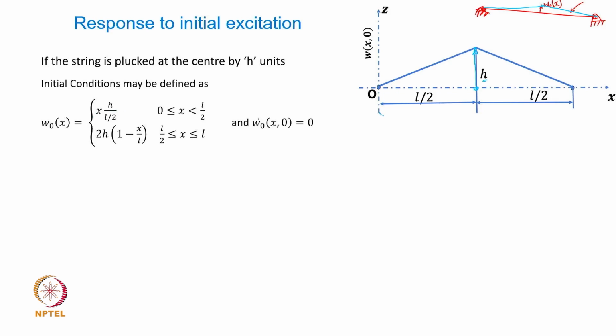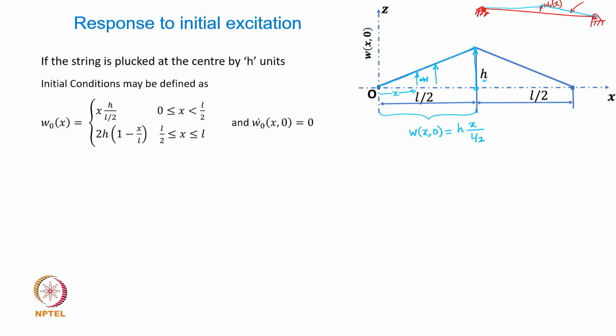Obviously, for this particular region, the displacement as a continuous function in x, at time t equal to 0, will be h x upon L by 2, which will follow the straight line function.